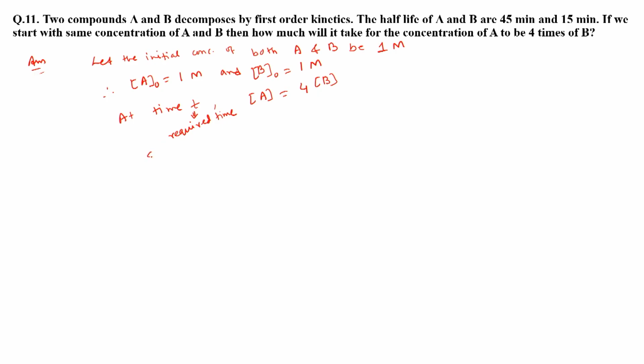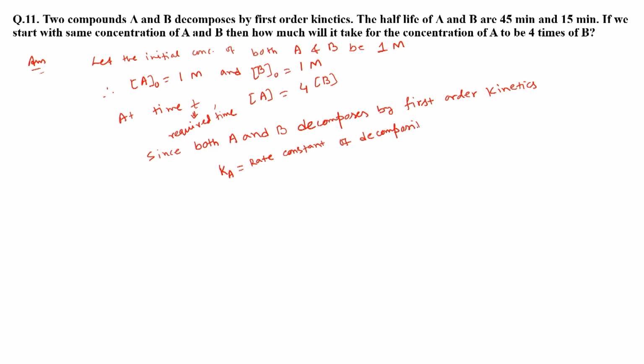Right. So, since both A and B decompose by first order kinetics, we can write Ka means the rate constant of decomposition of A. Half life periods are given.